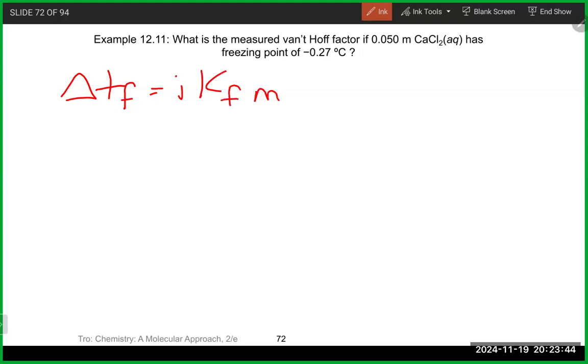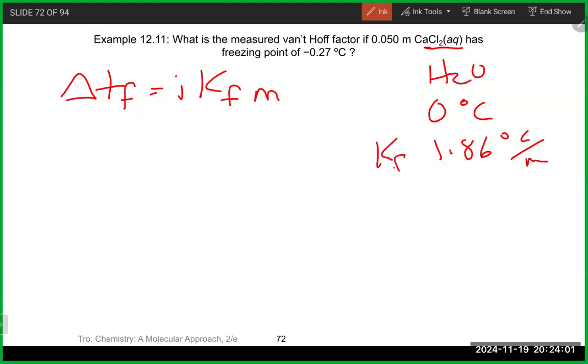In this particular case, it is calcium chloride, which means water is going to be our solvent. And that means our normal freezing point is 0 degrees. And if we go to that table, our freezing point constant is 1.86 for water. So again, that is how we would get those based on water being the solvent.